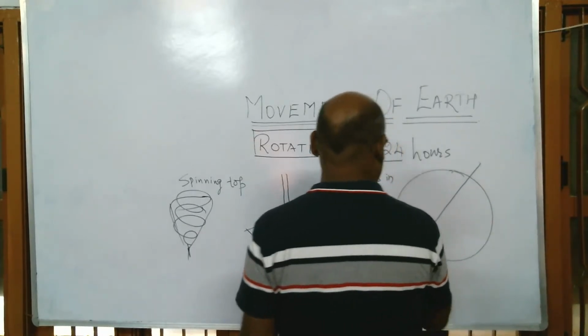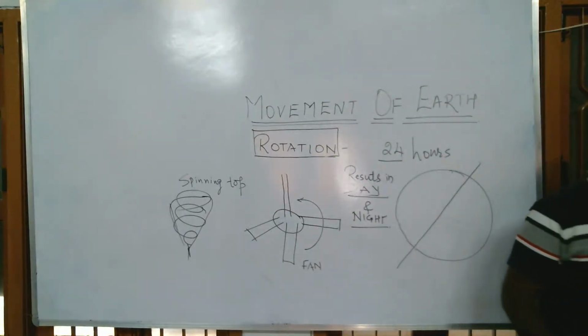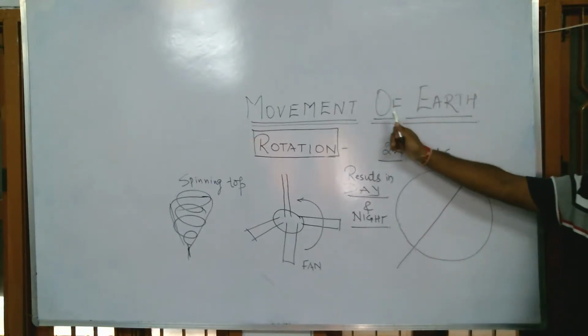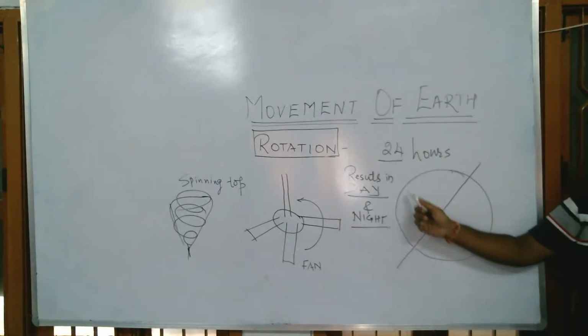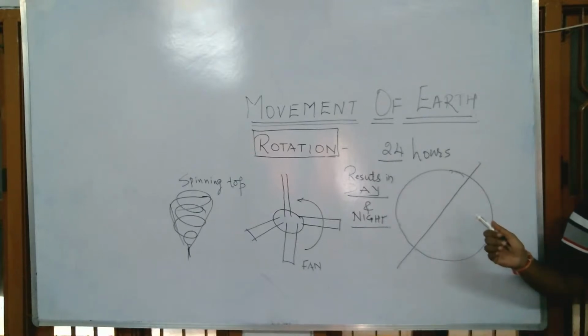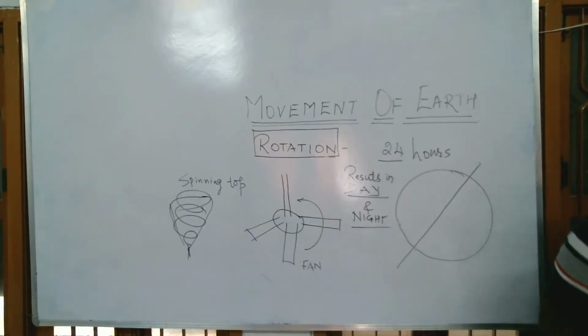So, is it clear to all of you that it is the movement of the Earth, rotation, that results in day and night. Okay. So, all of you are writing now day and night. That is correct. The part which is facing the Sun, there we will find the day, and the part which is not facing the Sun, there will be night.